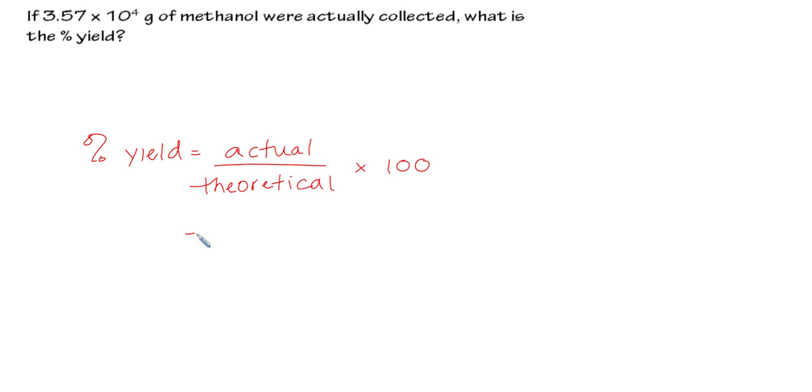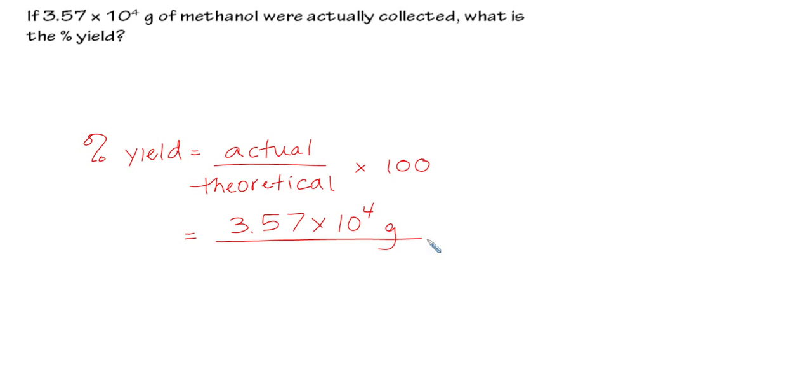So we're going to set this up as 3.57 times 10 to the fourth as my actual. Now, they'll always give you the actual yield. In the lab, this would come from our lab data, our measurements. On paper, they have to tell you how much was actually collected.